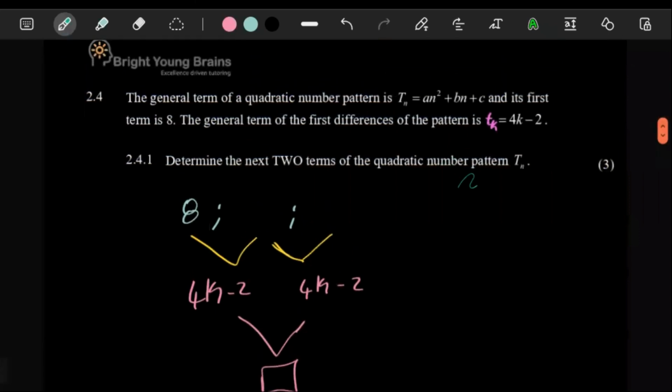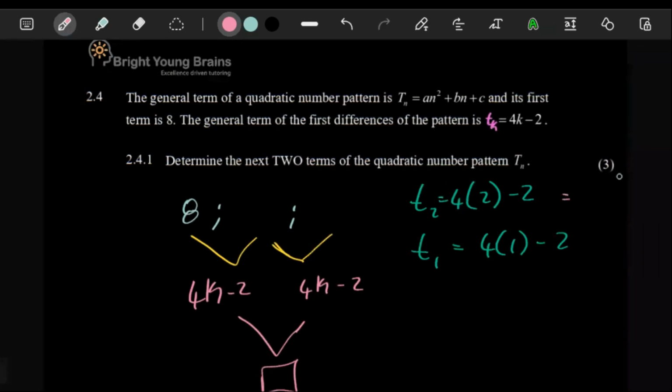Let's do that. In the sequence they gave us, let's put T2, where k is, we can just put 2 over there. Why am I doing 2 first? I should have just done 1 first. But anyway, let's see what these answers are. The first one is going to be 2 times 4, which is 8. 8 minus 2 is going to give us a 6.